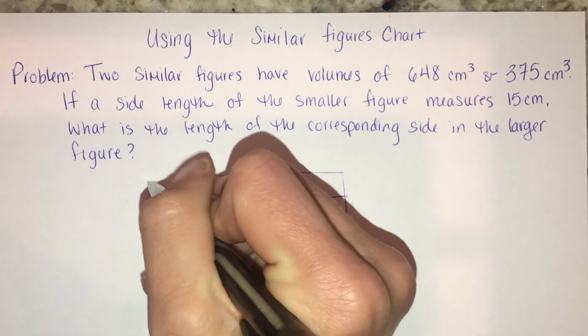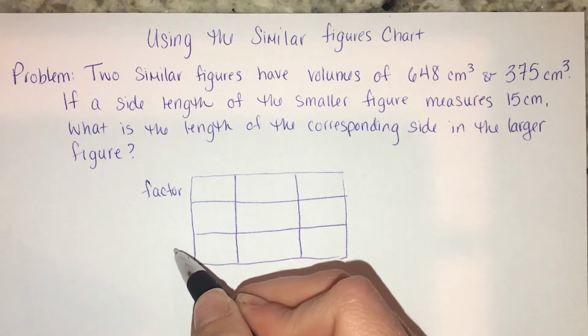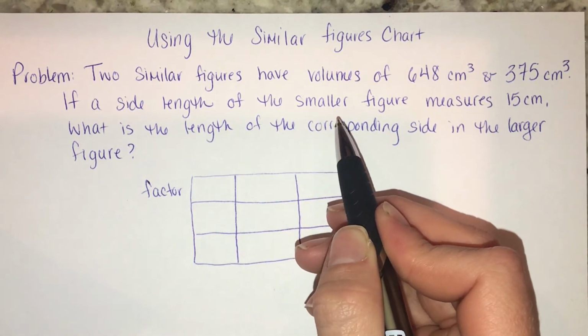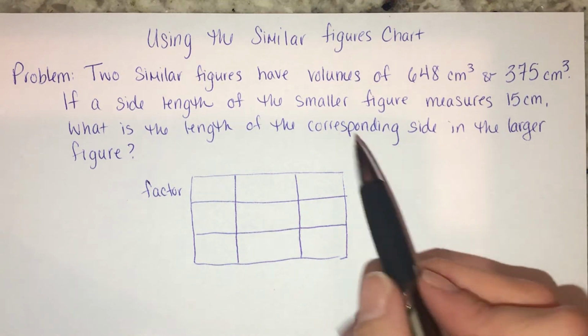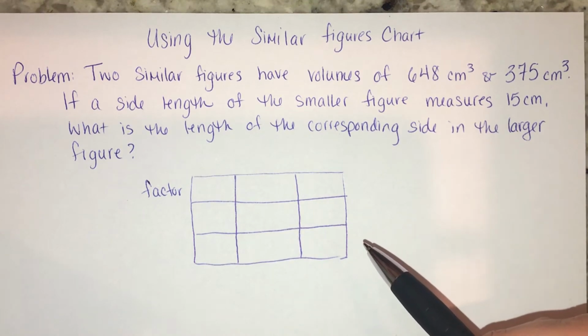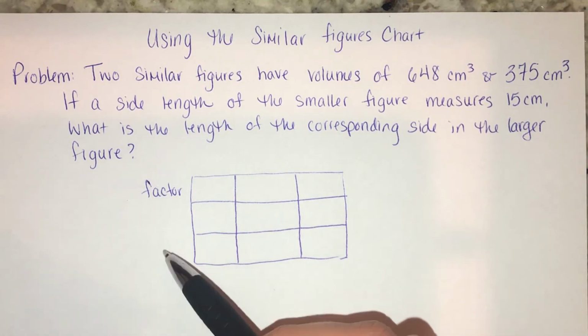In this side, we have the factor, and then the other 2 labels have to do with the describing words for the 2 items in your problem. In this case, the adjectives are smaller and larger. If you had adjectives like blue and red, or shape A, shape B, you can use whatever those describing words are.